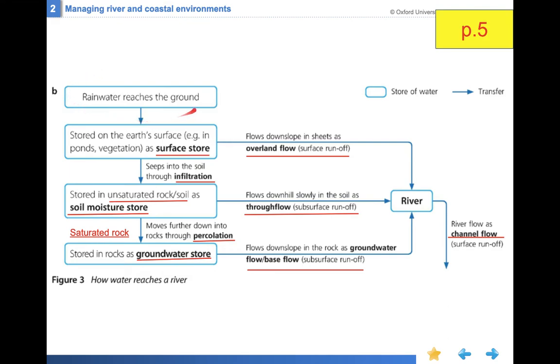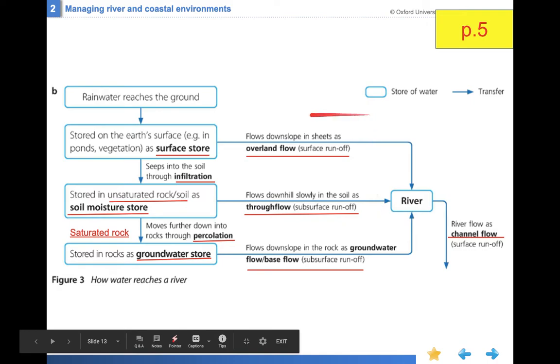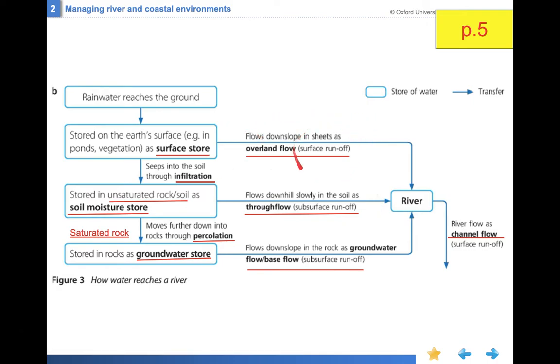So when the rainwater reaches the ground, it has 3 ways to get back to the river. First is the overland flow. It is a kind of the surface runoff. And through flow, and the groundwater or base flow. These two are the subsurface runoff.